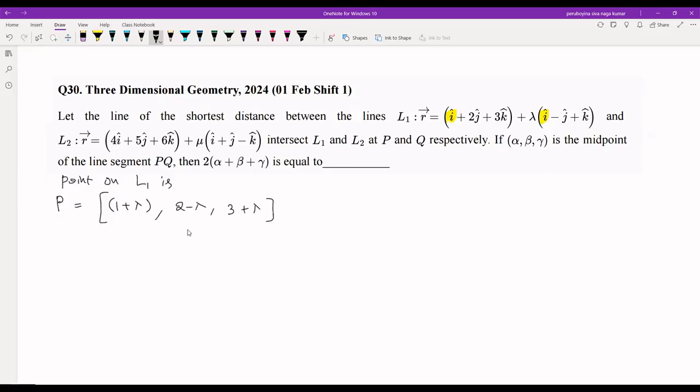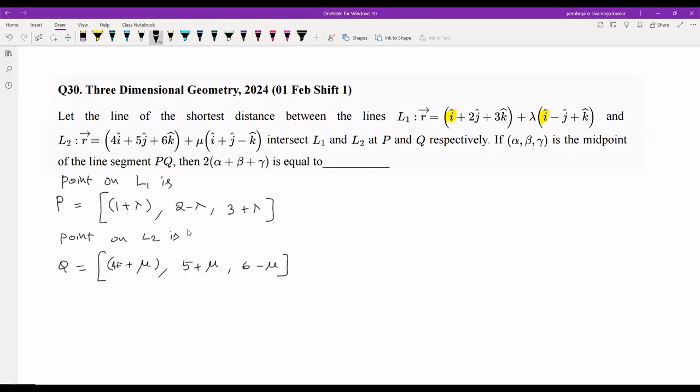And any point on the second line is say Q, and it will be taken as 4 plus mu, next 5 plus mu, and the next 6 minus mu. These are any points on the respective lines.